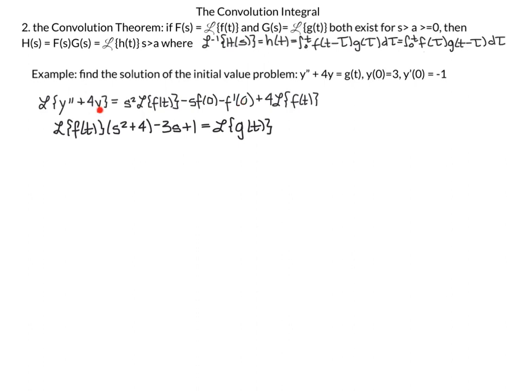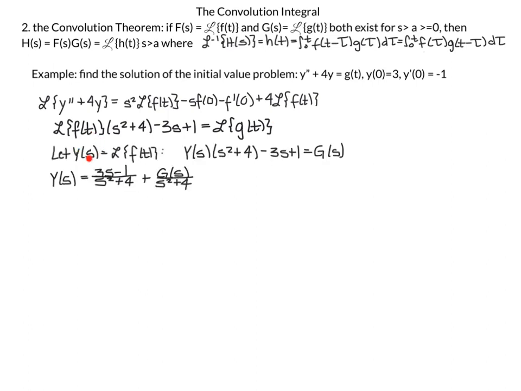And then we have 4 times the Laplace transform of y. So I can group my Laplace transform of y, and I have s squared plus 4, and then y of 0 is equal to 3, so minus 3s, and y prime of 0 is equal to negative 1, so this gives me plus 1. And this is equal to, on this side, the Laplace transform of g of t.